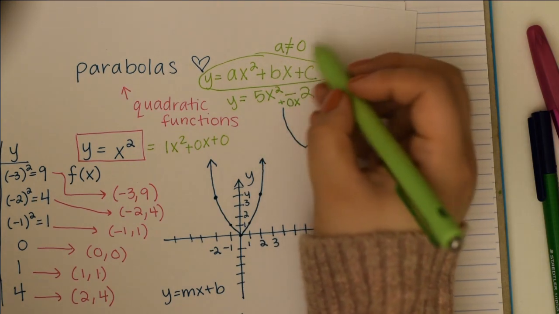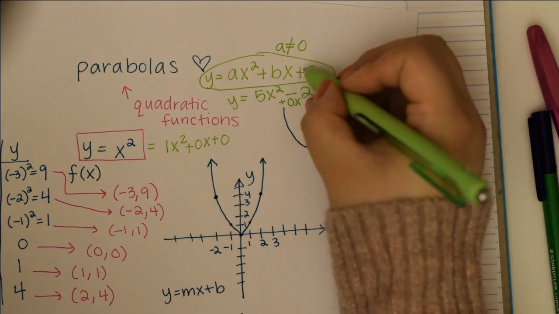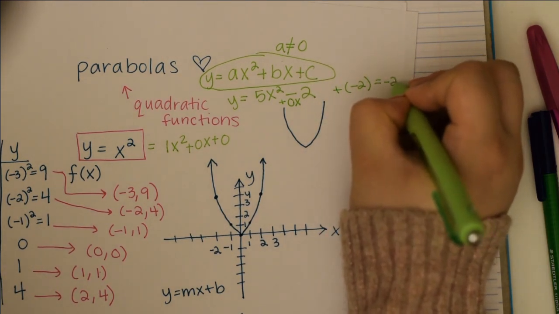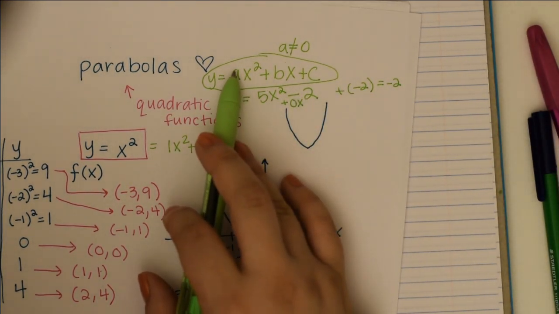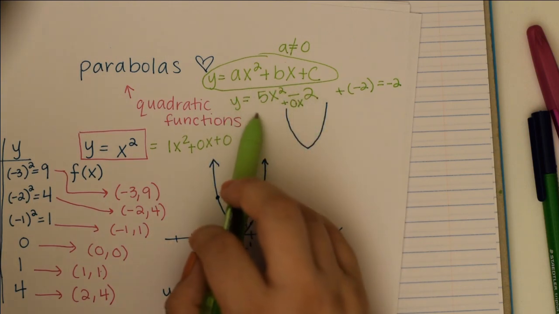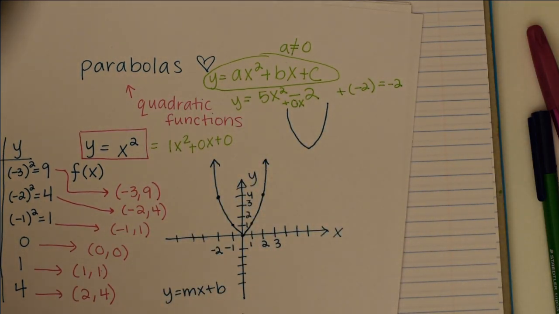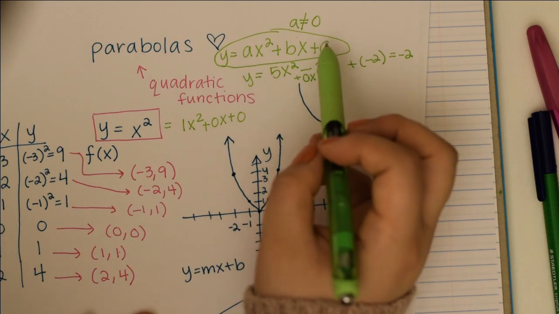So b equals 0 and c equals minus 2. So we have a, b, and c, and this is still a quadratic function, and the graph of this will be a parabola. So the first thing is to be very clear on what quadratic functions are.